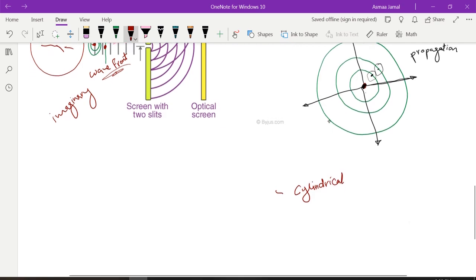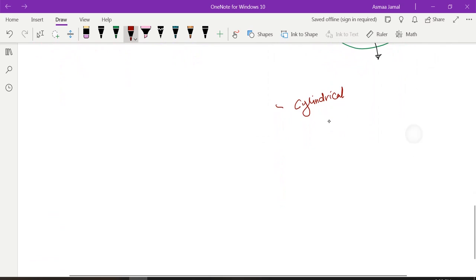In a cylindrical wavefront, we have a beam of light, and that beam has a cylinder shape, so the spread of light will be like that, from this direction.